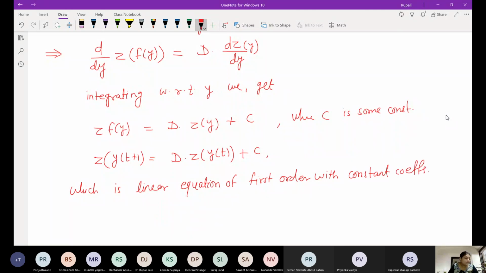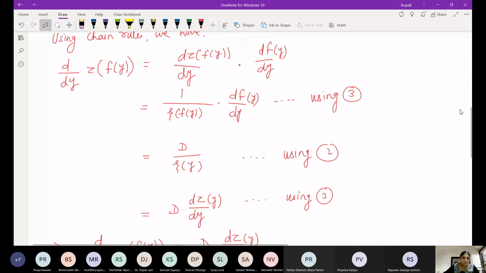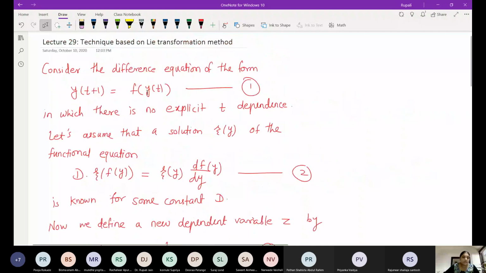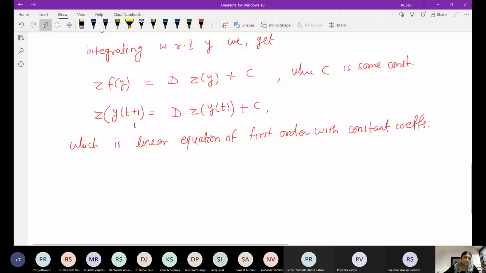So we were having this equation of the type y at t plus 1 is equal to f of y t, and we have converted it into a linear first order equation with constant coefficient, which we can now solve by our previous methods.